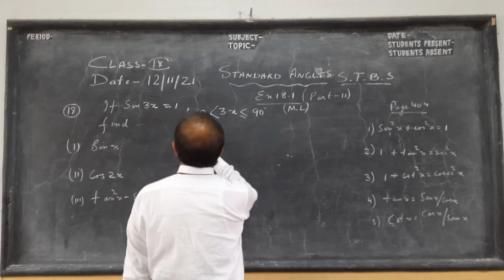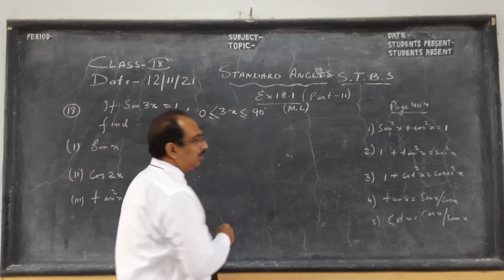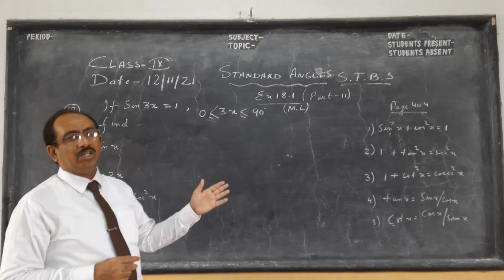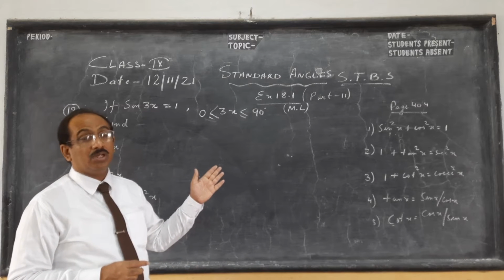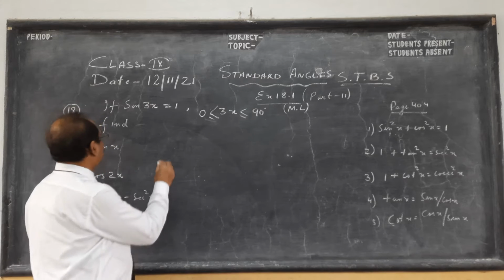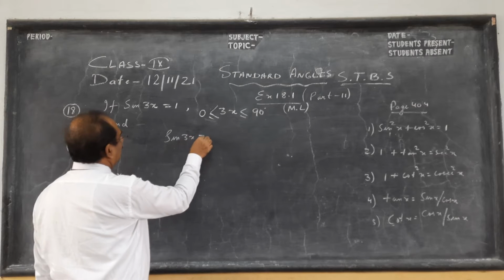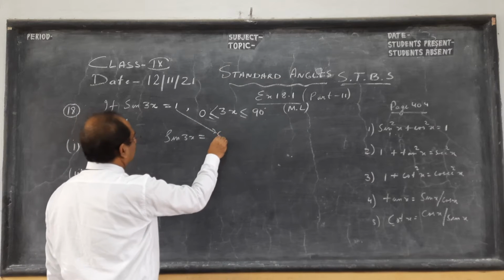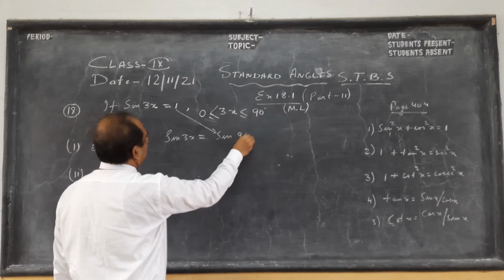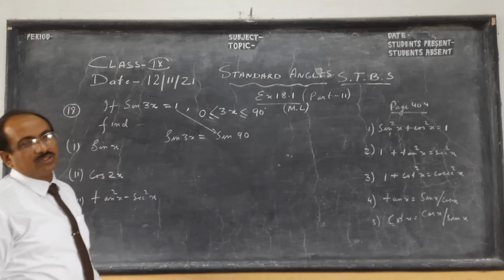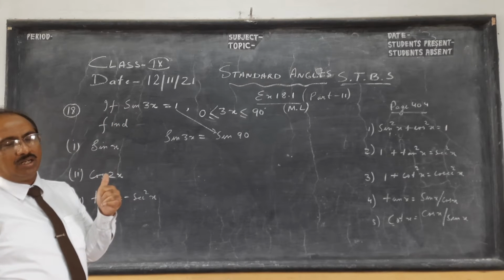Sine 3x is 1. In my earlier video I told you we must remember the standard angles. Sine is 1, so in place of 1 we will substitute sine 90. Sine 90 is 1; sine starts with 0 and goes to 1.